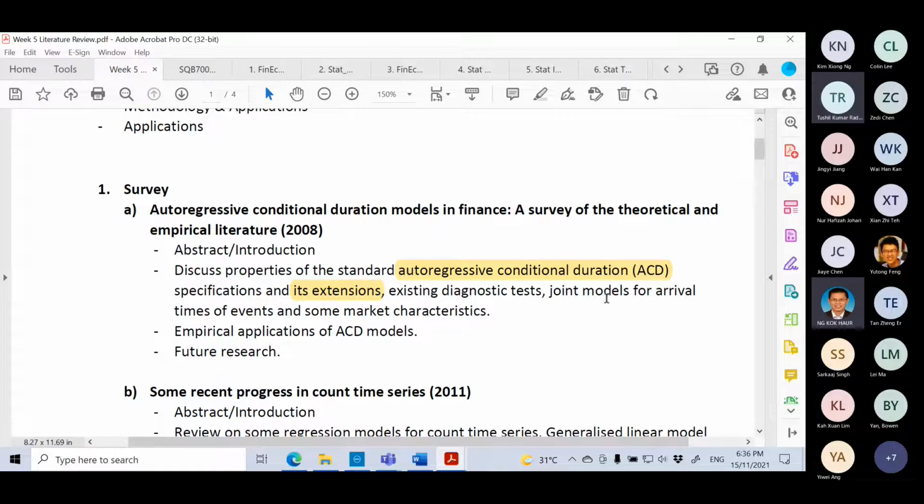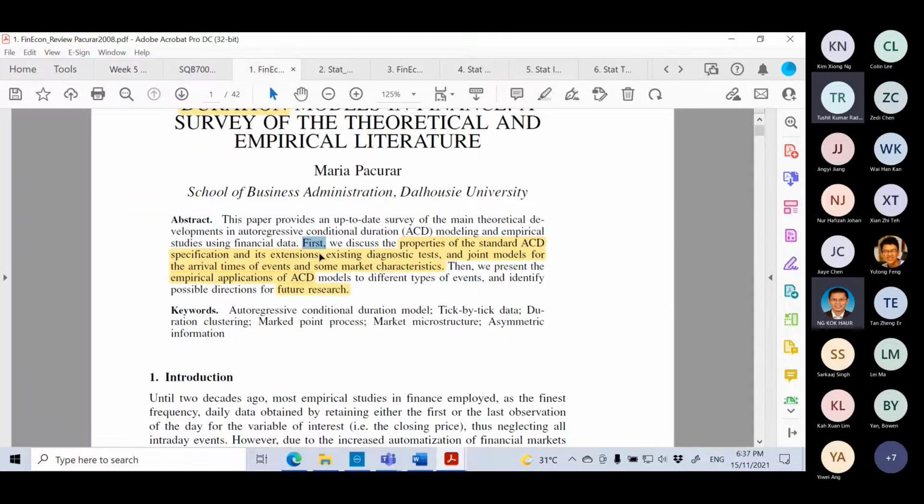After that they mention the joint models for the arrival time of events and some market characteristics. In the abstract also, they say that they will provide the empirical application of the ACD model and the future research. These are the things that appear in the abstract.